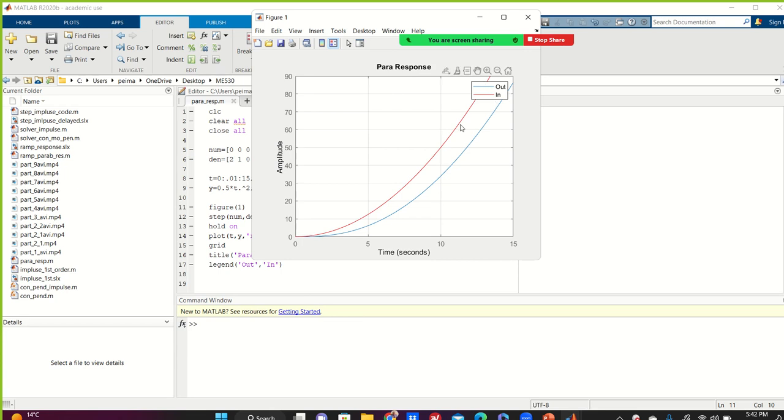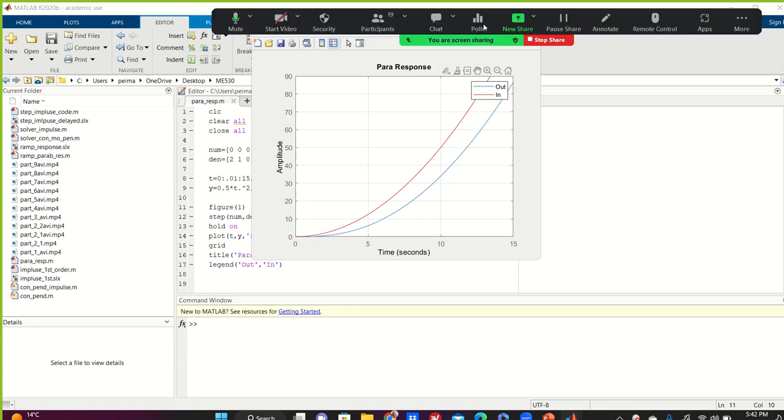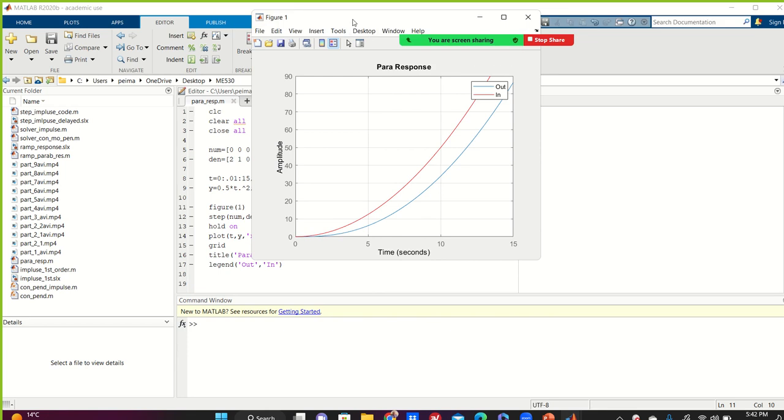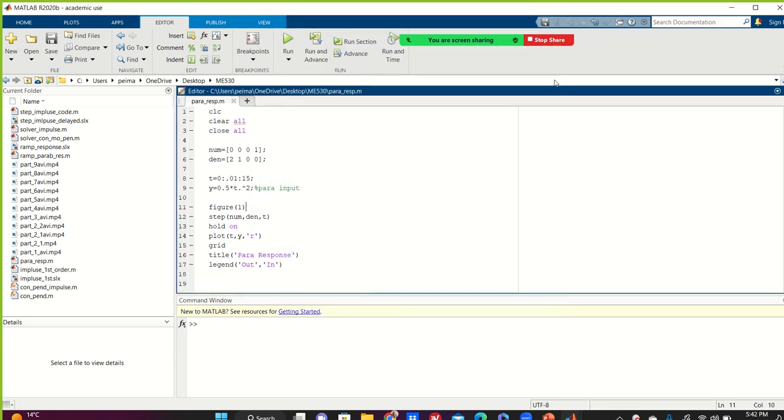So this is the input to the system, and the output. You see that after time, the error signal, what? Increases. Do you see that? Yes? Good. Now you can also say, okay, I want to plot the error signal.